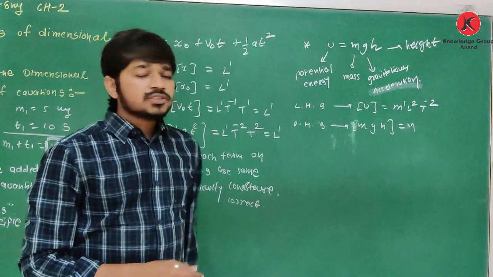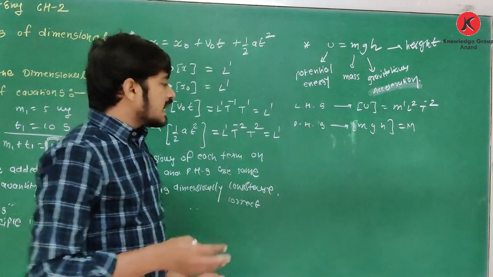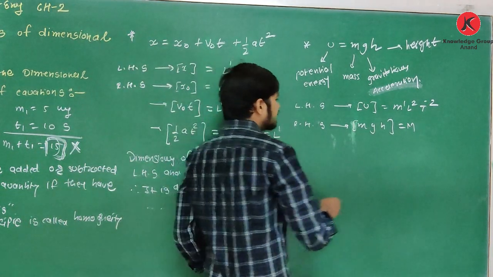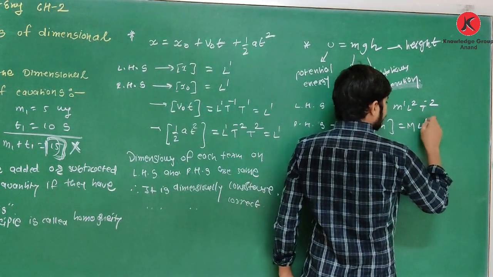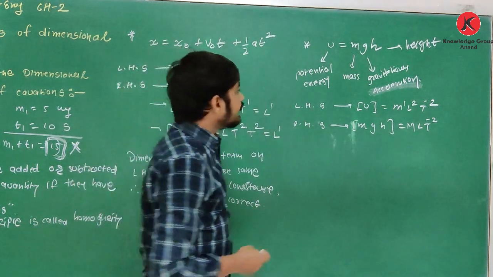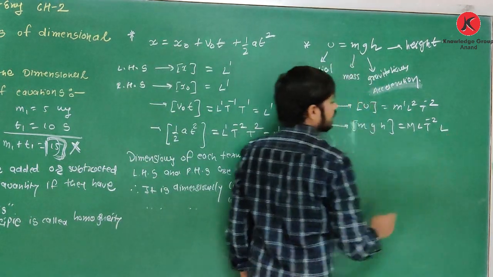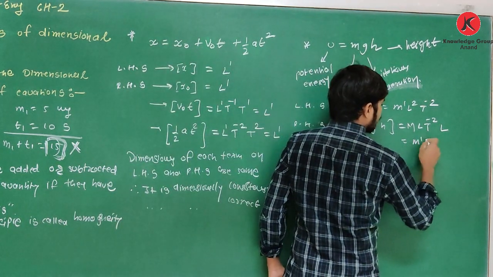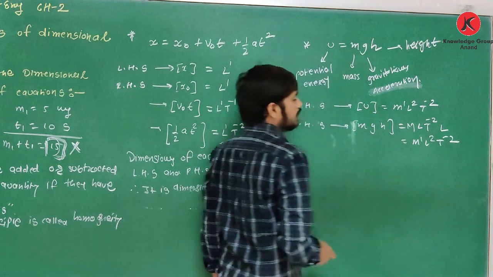What is the dimensional formula of acceleration? The dimensional formula of gravitational acceleration is the same, L T minus 2. Height, what is the dimensional formula of height? Height means length, so it is L. If you simplify, you will get M1 L2 T minus 2.